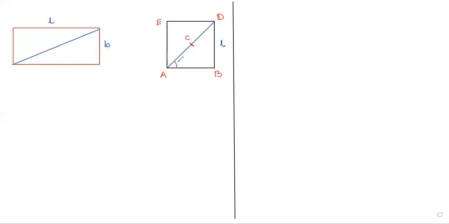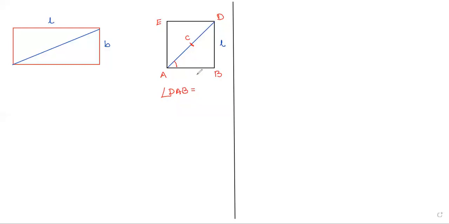Angular bisector means, will you say this angle is how much? Means DAB. Do you know that angle here? Someone is typing there.